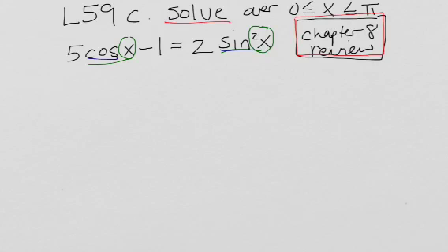The other identity I have that relates sine squared to cosine squared is the Pythagorean identity. That's the one that says sine squared x plus cosine squared x equals 1. I just used this the other day in my Calculus 3 class. It comes up a lot, so it's a good one to memorize.